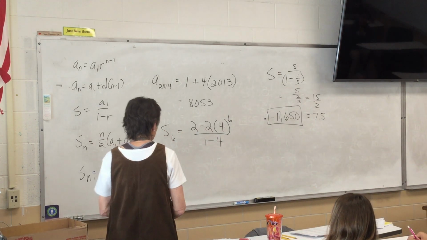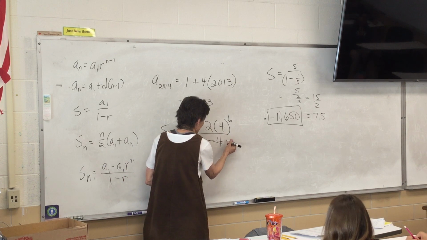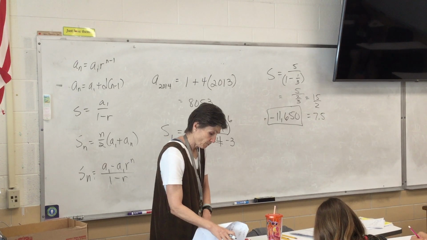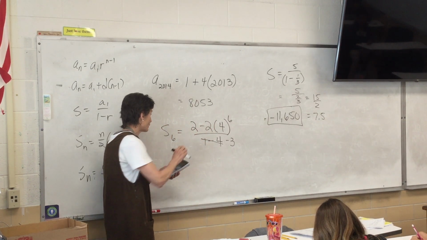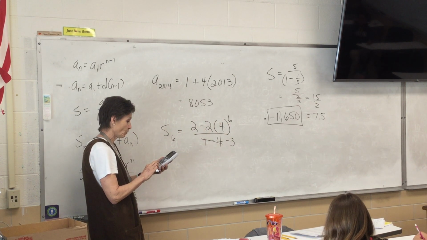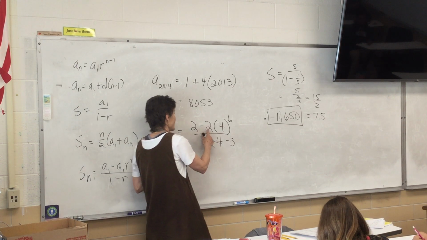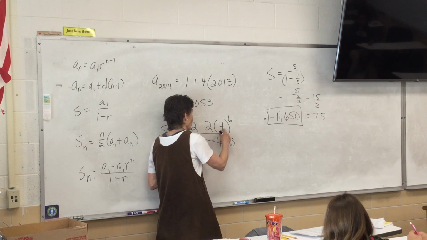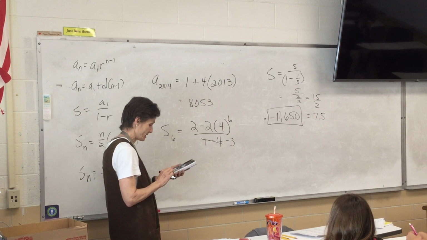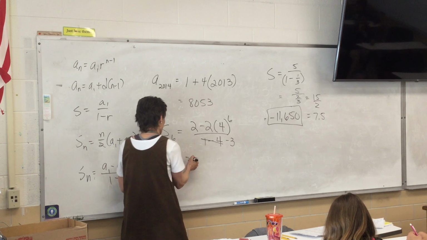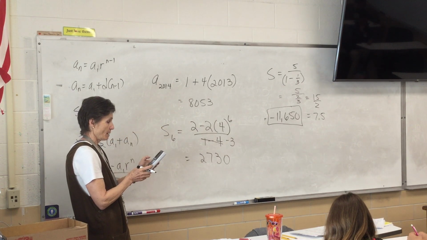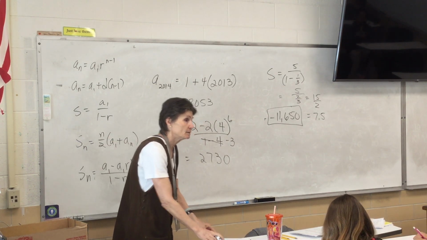Now, before I go to type this in, I'm going to go ahead and subtract that denominator and make that a -3. But these are the ones you have to be real careful when you type it in. You can go ahead and type in the top just like it says, but hit equals before you divide. So 2 minus 2 times 4 to the 6th equals, and then divided by -3. 2730 is what I got as my sum.